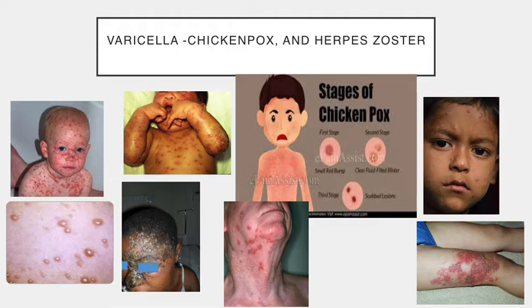And so you can see this in varying stages. The two pictures on the bottom right, the older woman and then the person's leg, those are herpes zoster, and you may be more familiar with seeing that.